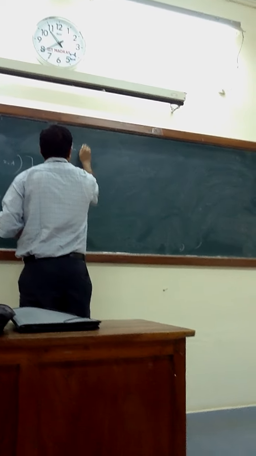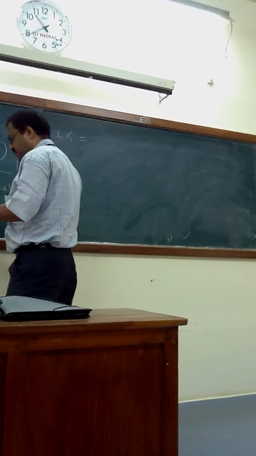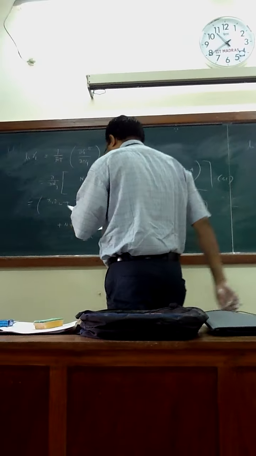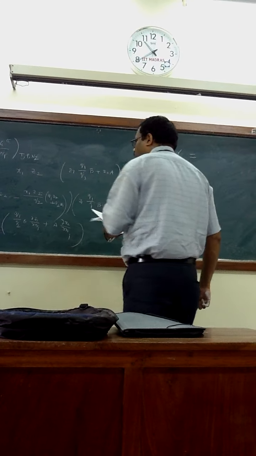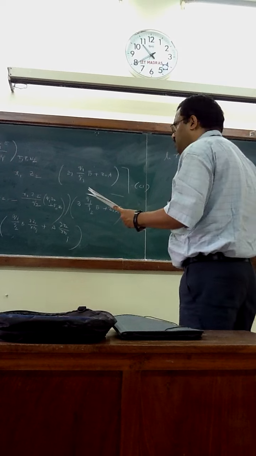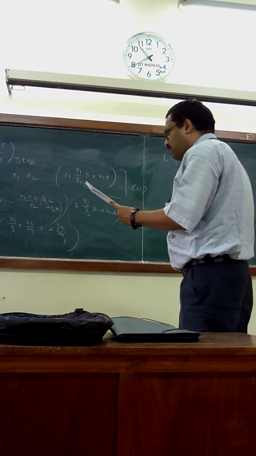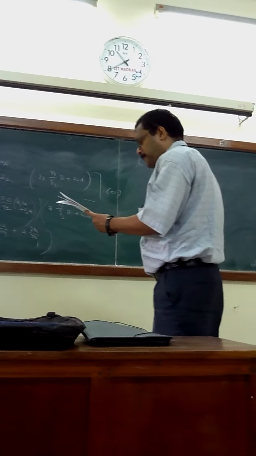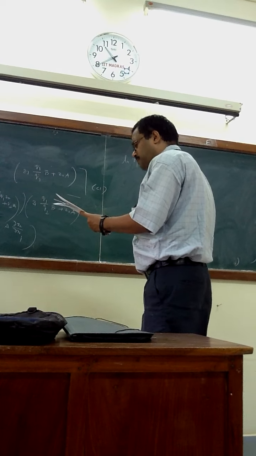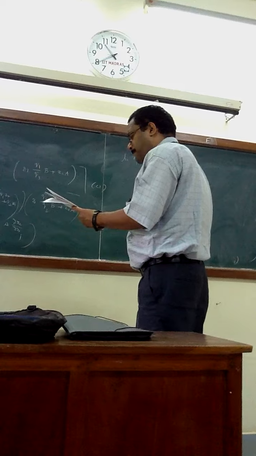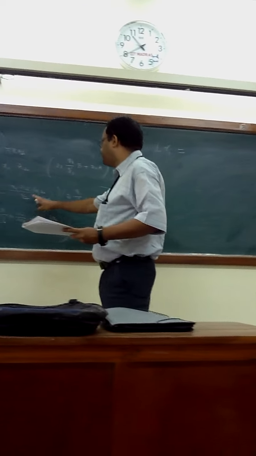ln gamma 1 equals, next step from here, x1 z2 plus x2 z2 minus z1 z2, q2, q1 z1 plus z2 q2. What will you get from there? Can you simplify this one?